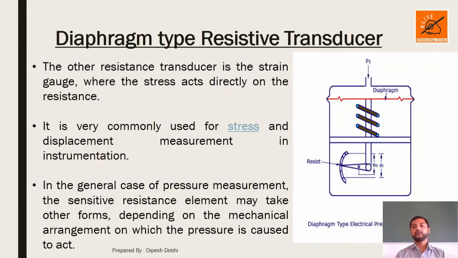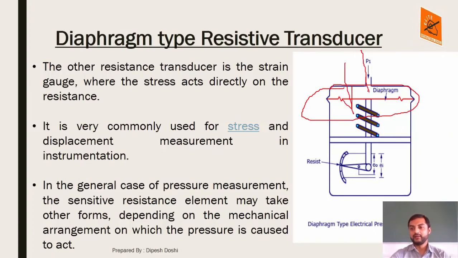So here is the figure of a diaphragm type resistive transducer. Here you can see this one is the diaphragm. Whenever you apply pressure over here, this diaphragm will be deformed like this.